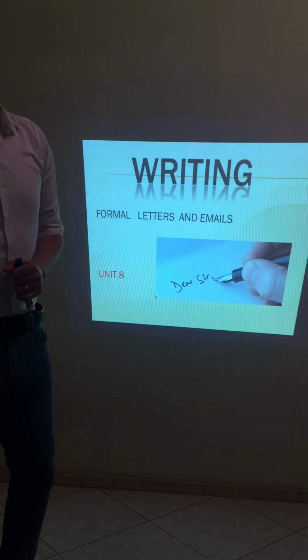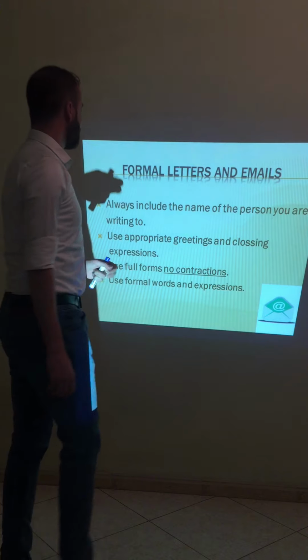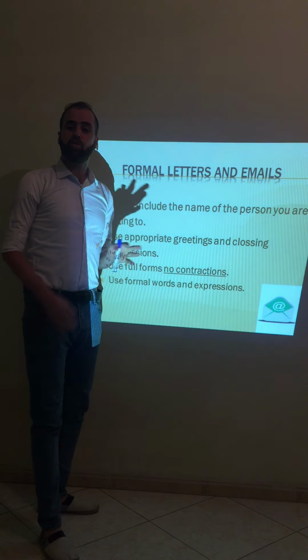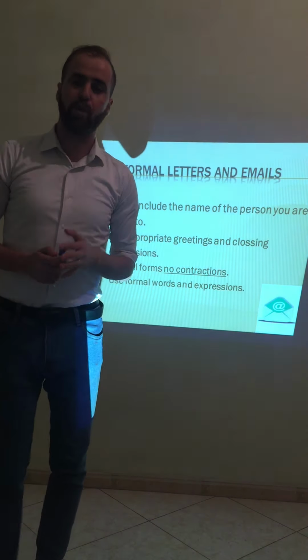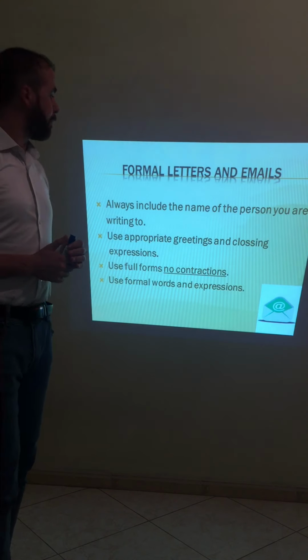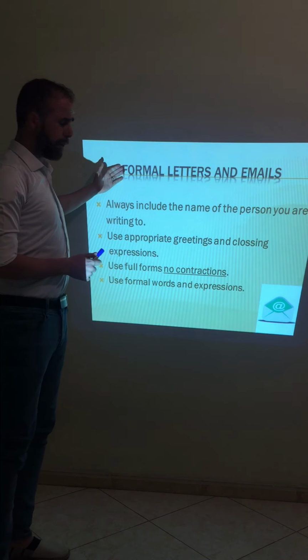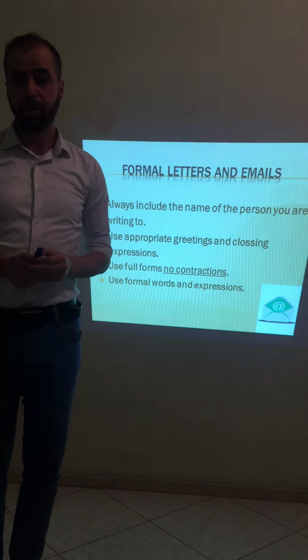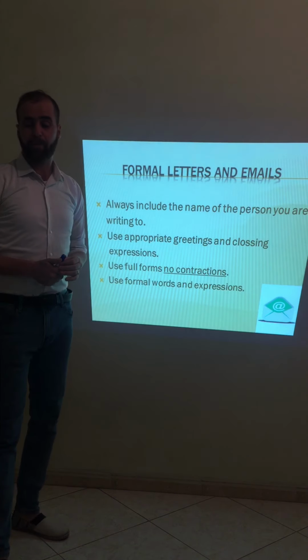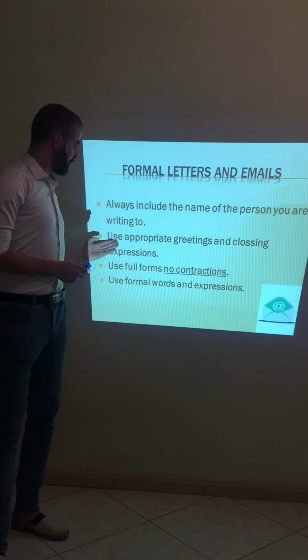For today, we are going to start with some elements we should include in our email. The most important elements we should include when we write our email are mentioned here in this example. Before that, some hints: always include the name of the person you are writing to, or use the appropriate greetings and closings.